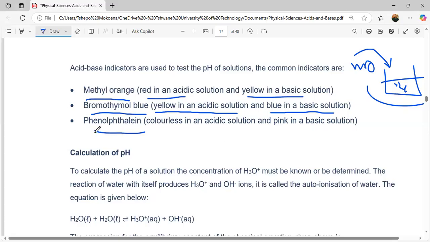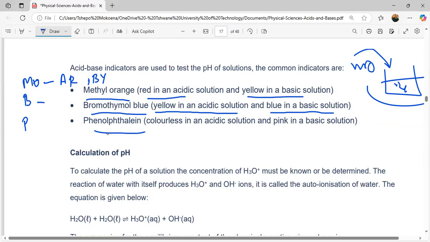I don't know what hint I can give to you. Remember, this is methyl orange, MO. This is bromothymol blue, and this is phenolphthalein. MO: acid, red; basic, yellow. Find a way to remember this. Maybe you guys cram too much.